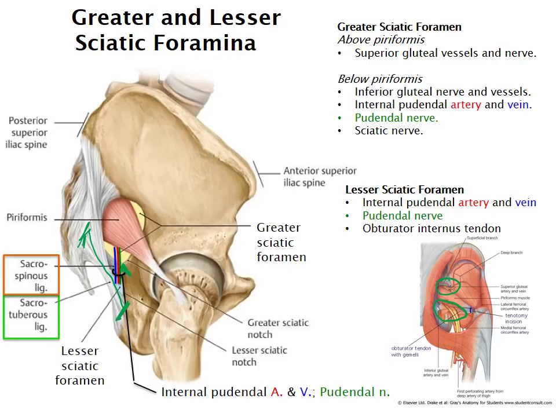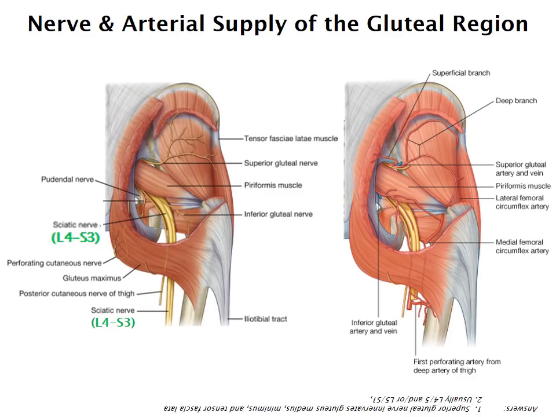The internal pudendal vessels pass from the greater sciatic foramen under the piriformis and dive into the lesser sciatic foramen over the sacrospinous ligament. Again, we'll see these relationships when we get into the pelvis. So here we see, a little closer up, the key nerves and artery to ID.